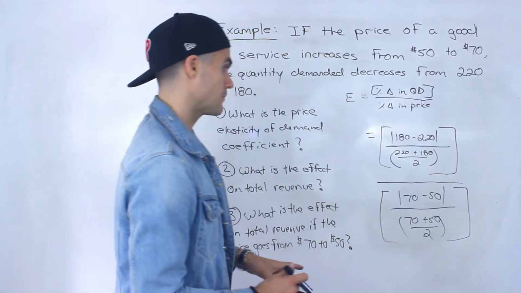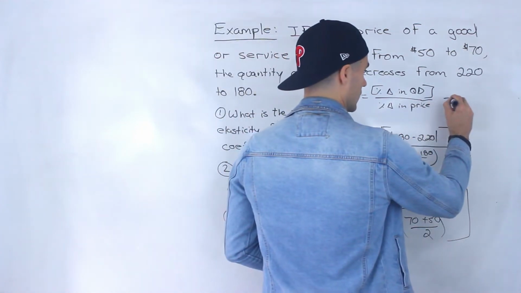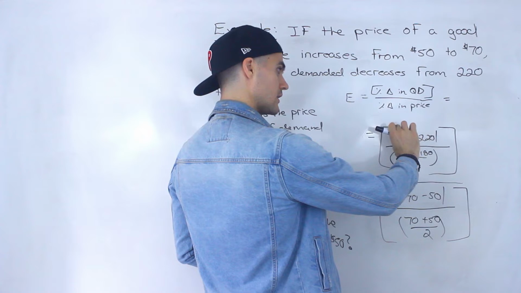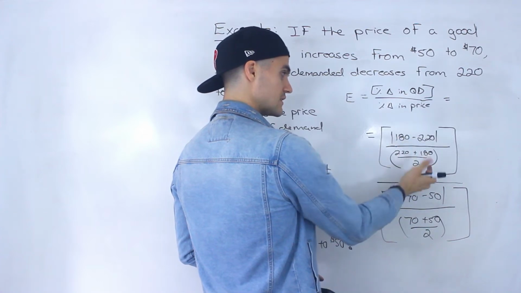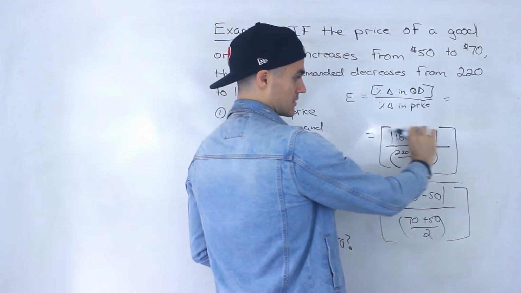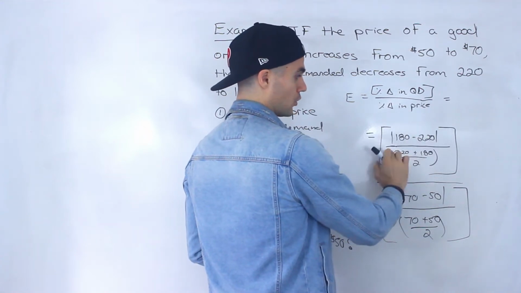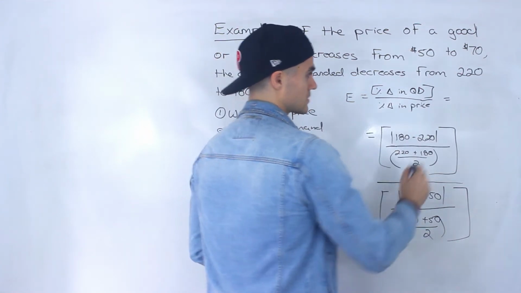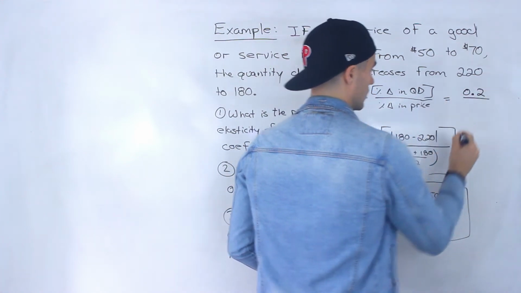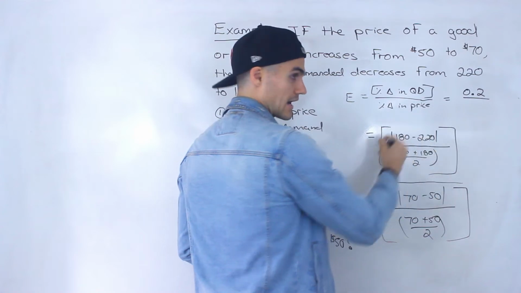Okay, so what's going to happen here is we're going to end up with 40 divided by 200, the midpoint between 220 and 180. And so we would end up getting 0.2 for this entire square bracket.